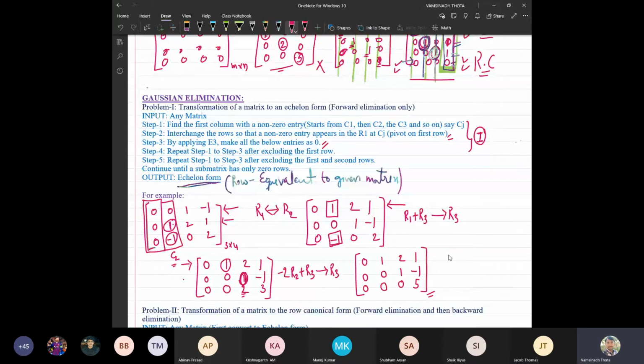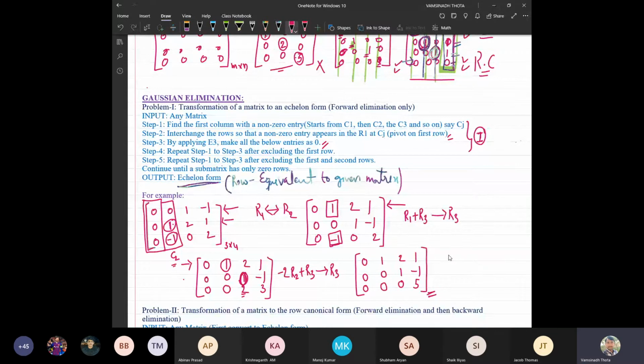In fact, we didn't get any zero rows, but we have already received the echelon form. And hence, this is the echelon form of the given matrix. This is one of the echelon forms. Okay, so stop it here.